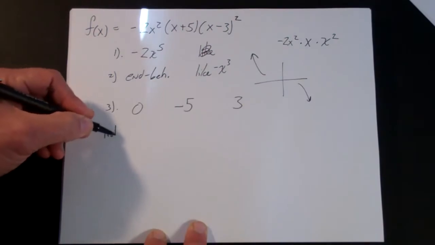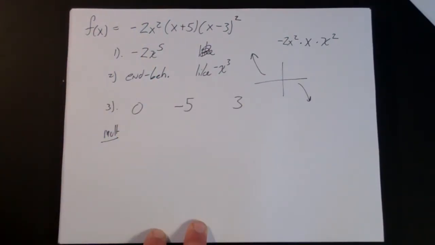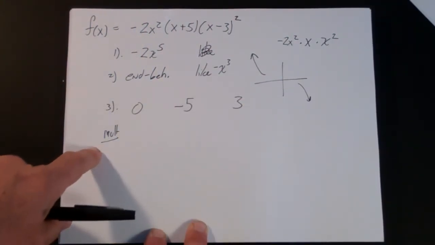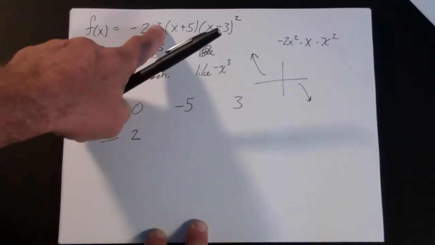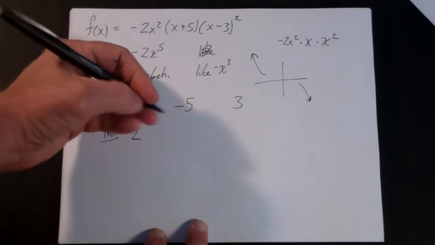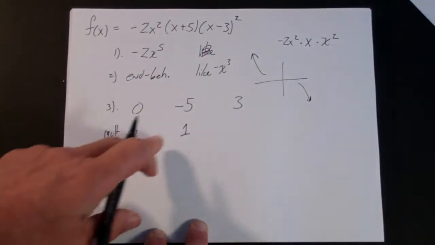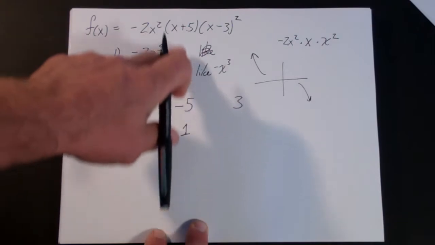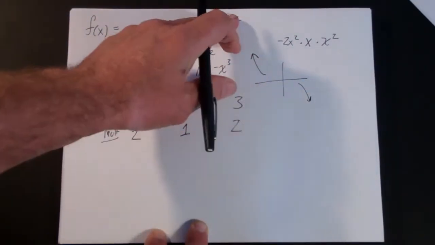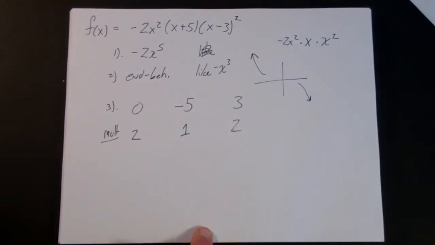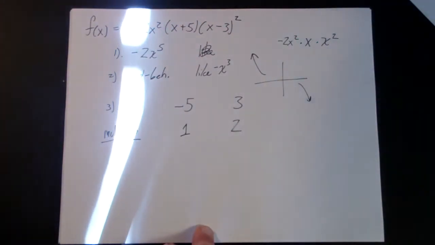The multiplicity of the zero at 0 is going to be 2, because this is an x squared. Negative 5 is going to be a 1, because it only shows up once. And the 3 is going to be a 2 because it's squared. So those are your first steps.